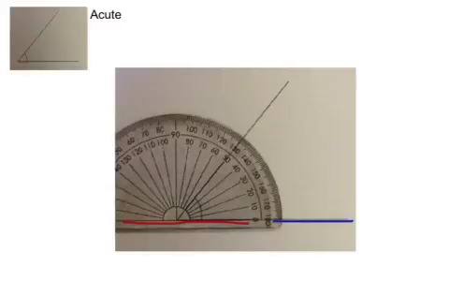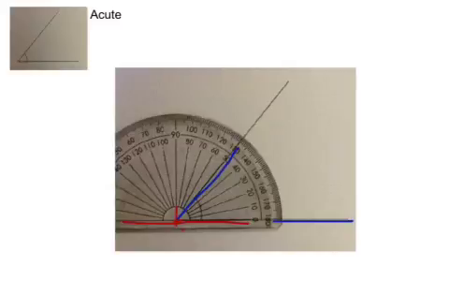What we then do is make sure that the focus of the protractor, the target, so this little bit here, is right at the very point of the angle. And so you can see just underneath it, my angle goes out up here.